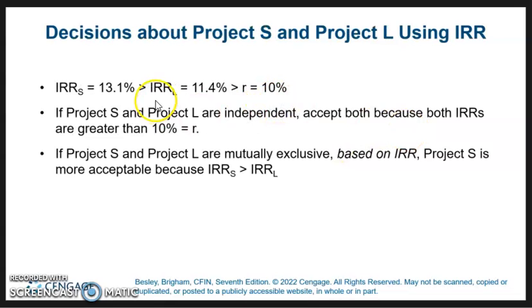So as we saw, both project IRRs are greater than the 10% required rate of return. So if project S and L, we would accept both. If project S and L are mutually exclusive, based on IRR, project S is more acceptable because its IRR is greater. We'll start the next lecture with NPV profile.